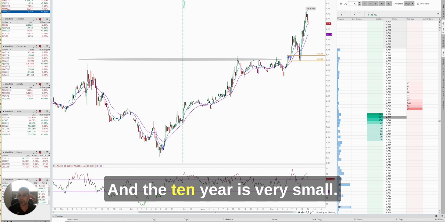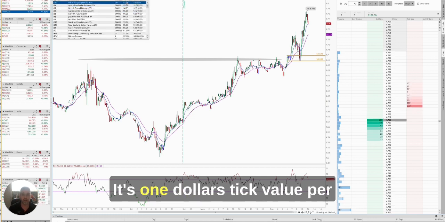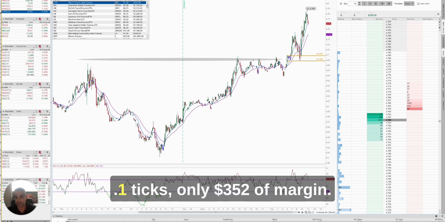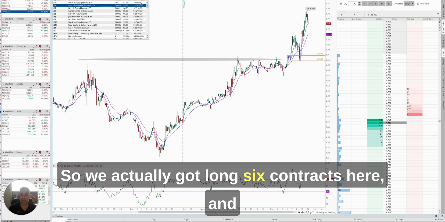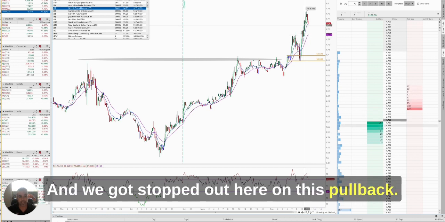And the 10-year is very, very small. It's $1 tick value per 0.001 ticks, only $352 of margin. So we actually got long 6 contracts here, and we were able to ride that up about halfway. And we got stopped out here on this pullback.